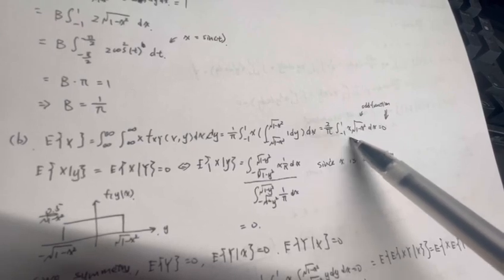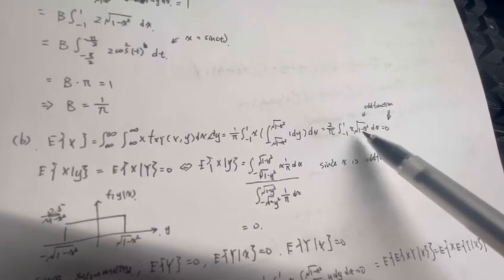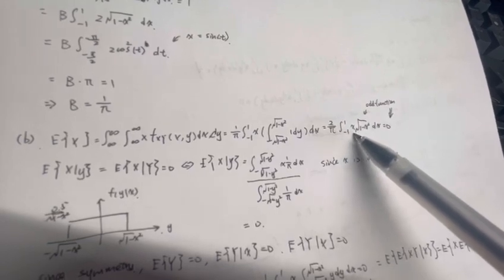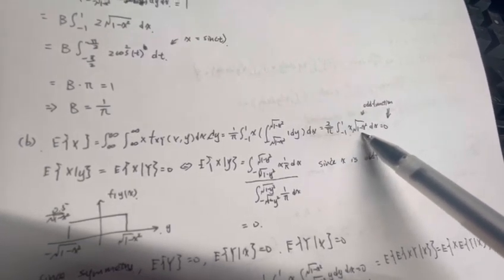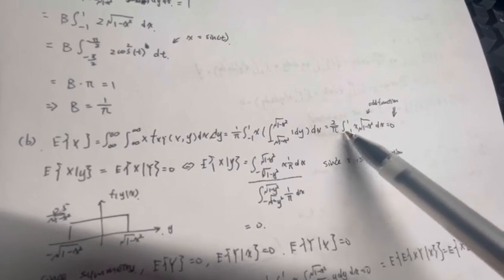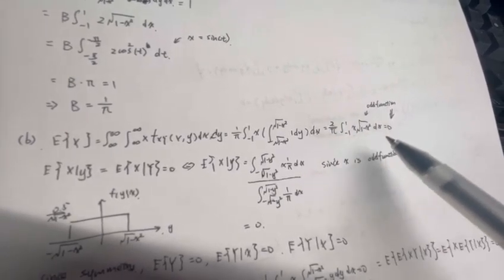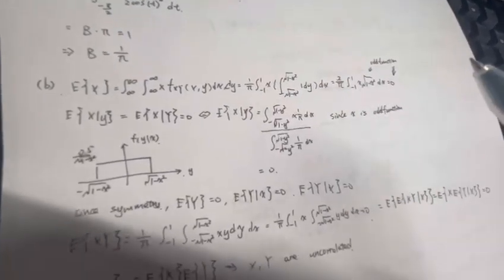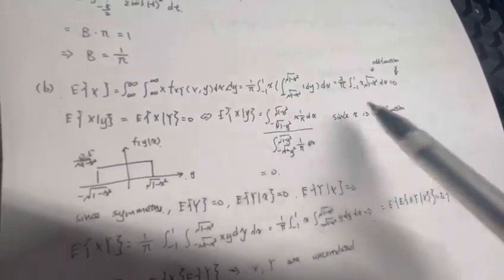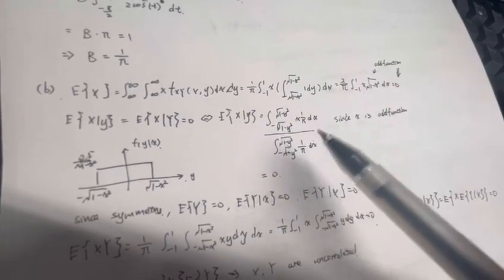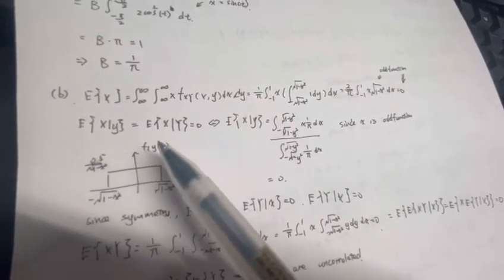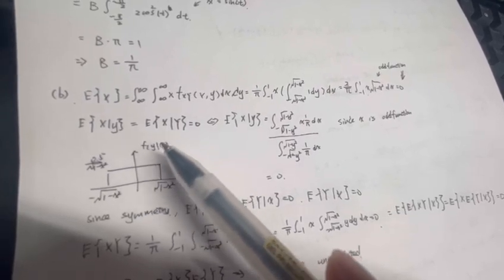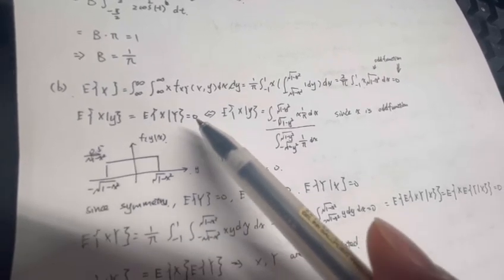This part is an odd function, so after taking the integral, the whole part will be 0. We can use the same function to easily tell that E[X given little y] and E[X given big Y] all equal 0.